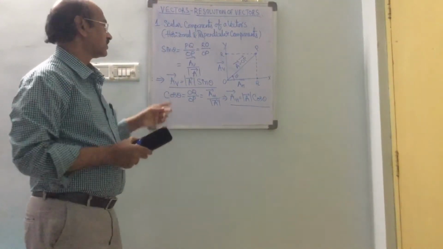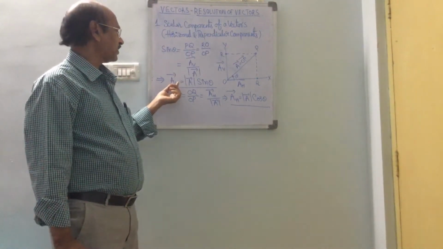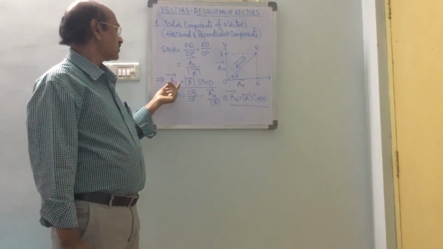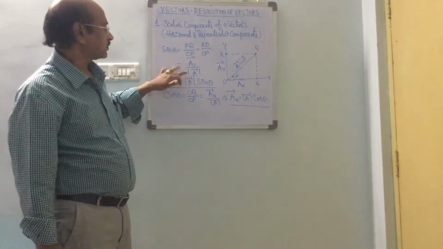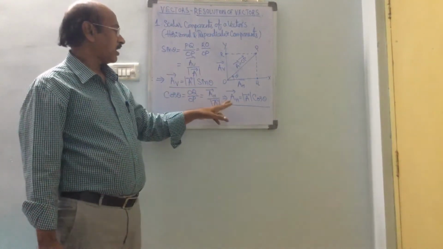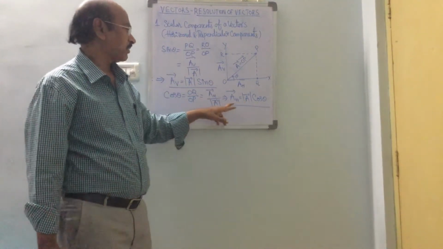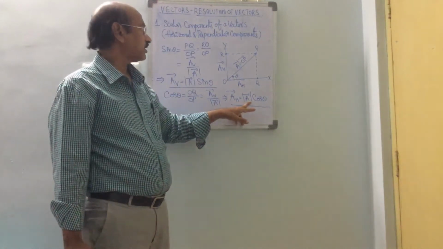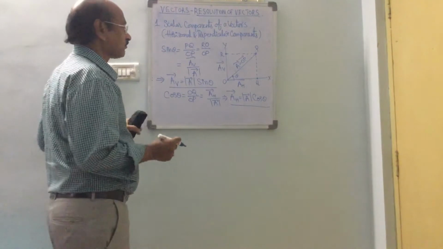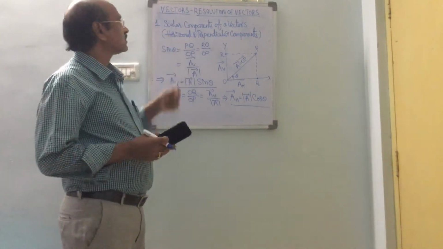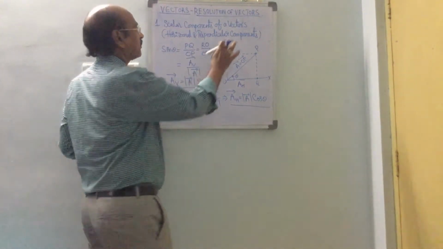So these two expressions, the vertical component of A bar is modulus of A bar into sin theta, and the horizontal component A bar H is equal to modulus of A bar into cos theta, are known as the scalar components of a vector.